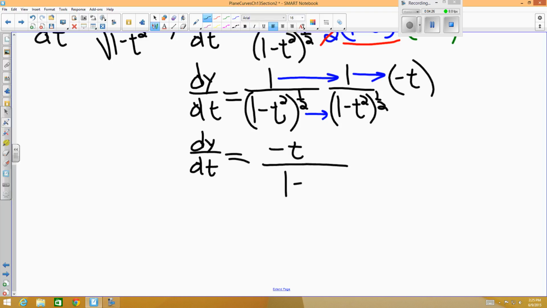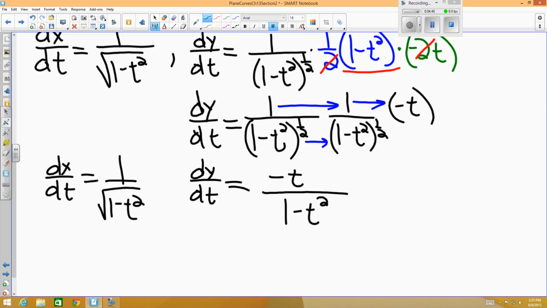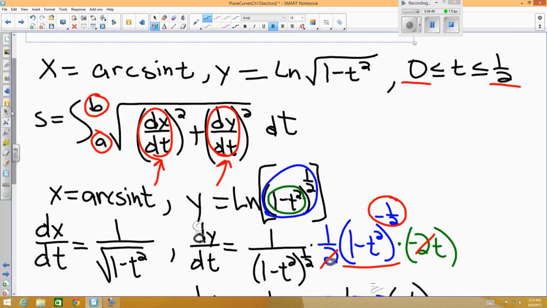So we have 1 minus t squared to the 1 power, which we may leave off. Again, just to bring it down so we have them in the same place, dx/dt is 1 over the square root of 1 minus t squared. Okay, so we have dx/dt and dy/dt. Just to remind you, we have our limits of integration from 0 to 1/2.